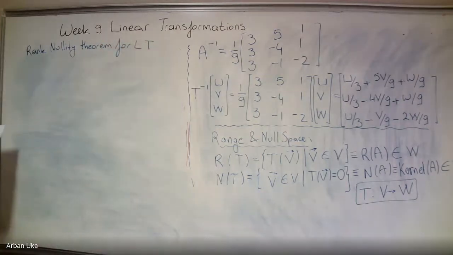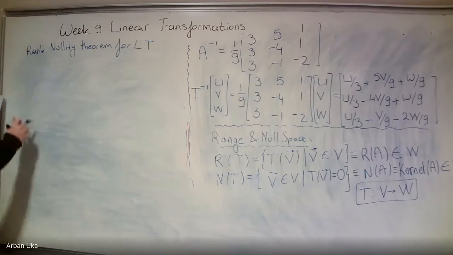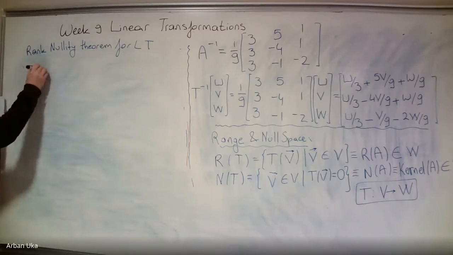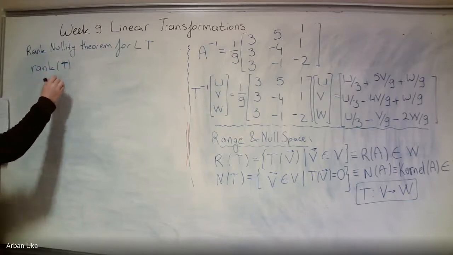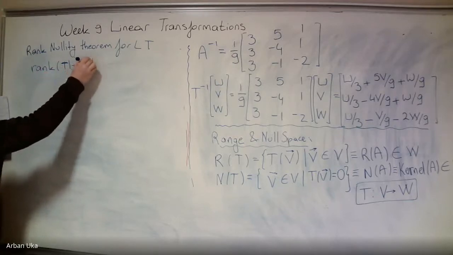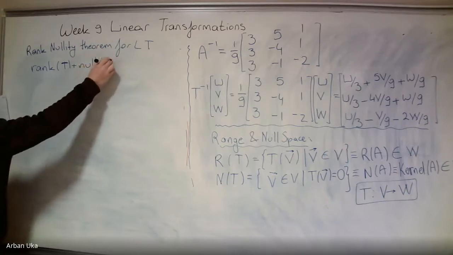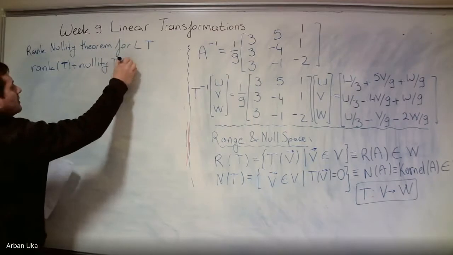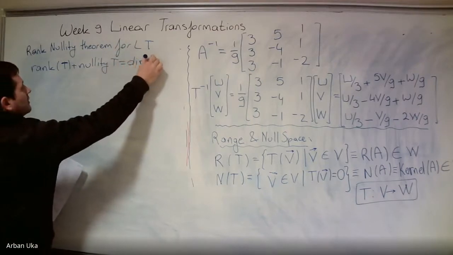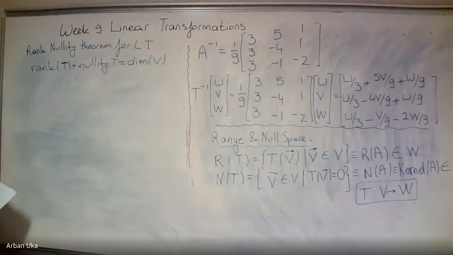And what this states is that the rank of any linear transformation T, plus the nullity of T, would be equal to the dimension of V. Okay, so this is something that we already know.